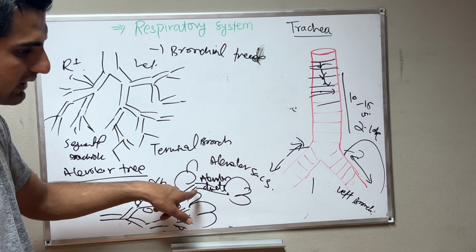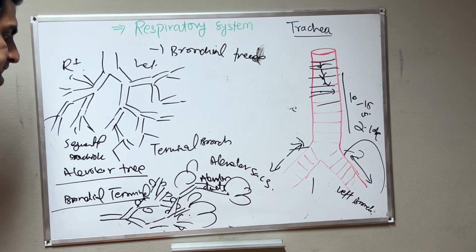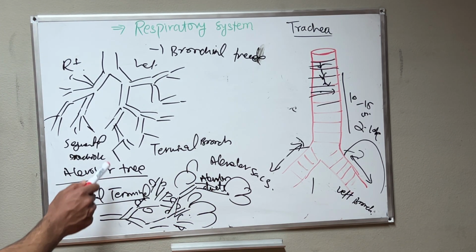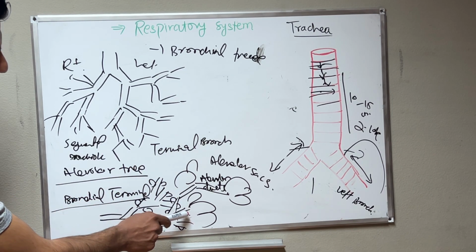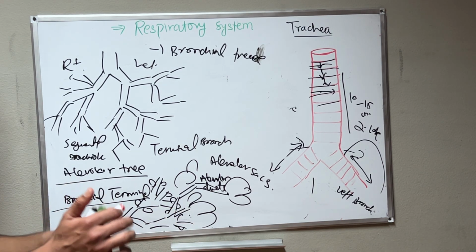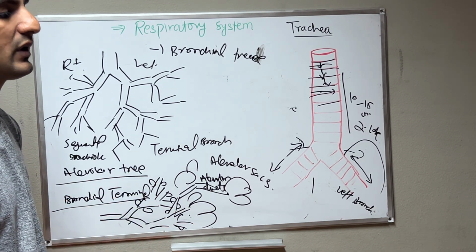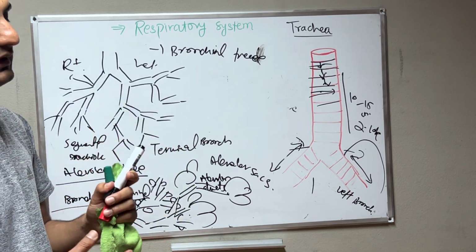Alveoli continue into alveolar ducts, then alveolar sacs. This is the alveolar tree. Terminal bronchioles have cuboidal epithelium, and when they reach the alveoli, the lining from inside is simple squamous epithelium. This is about the layers of the epithelium.